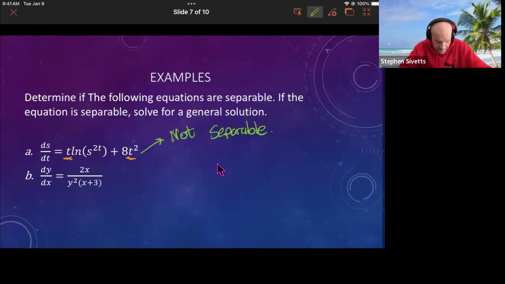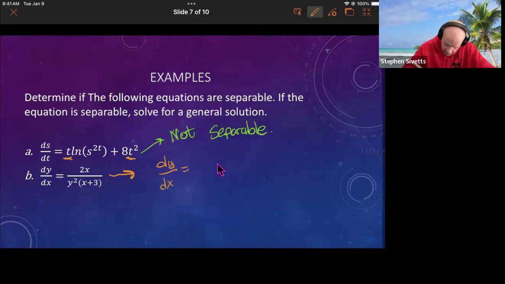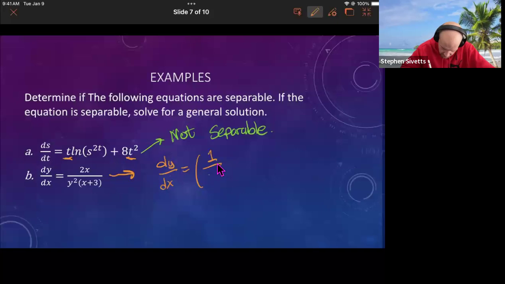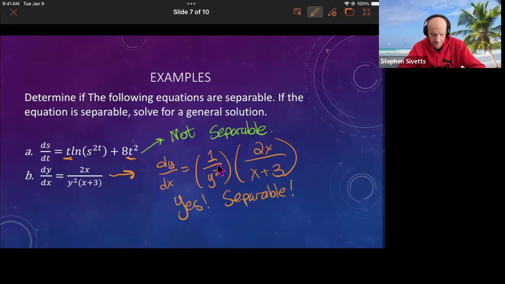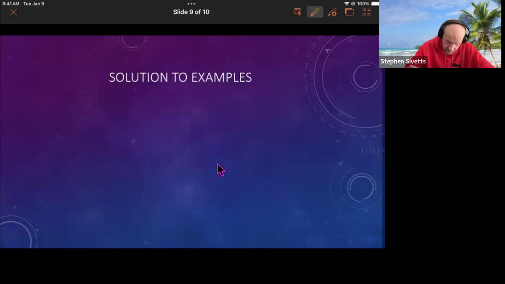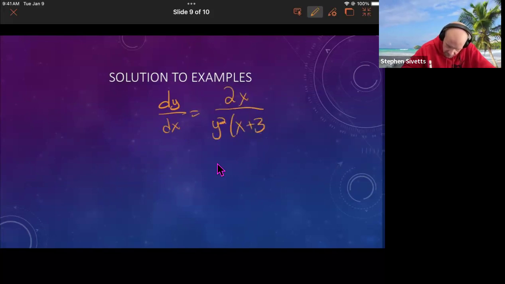But this one, if you notice, dy/dx is equal to, well, if I write out the function like this, 1 over y squared times 2x over x plus 3, then it is separable. So let's actually figure out the general solution for this equation, right? So we have dy/dx is equal to 2x over y squared times x plus 3.